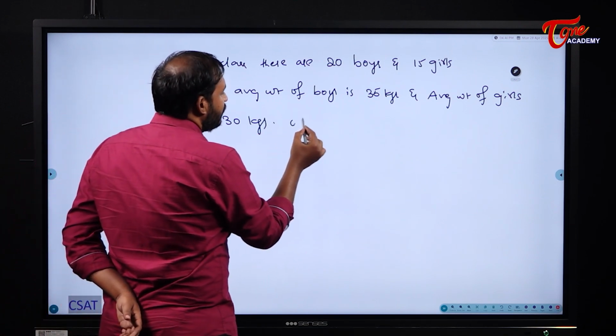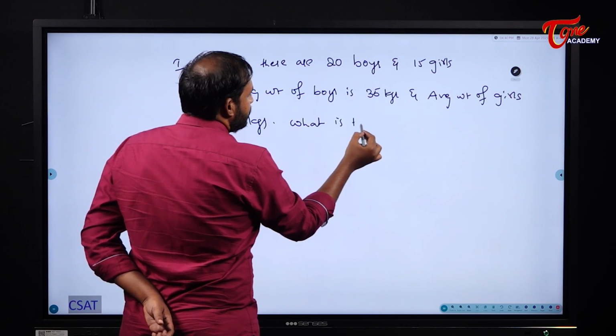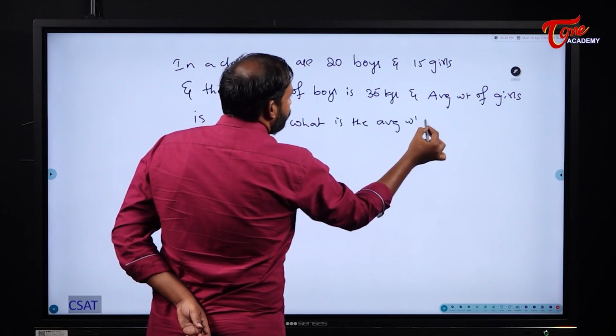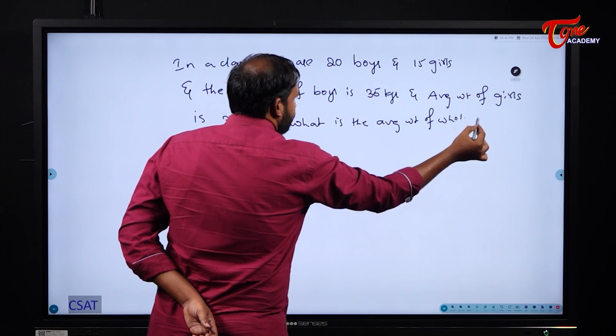What is the average weight of the whole class? This is the question we will have.